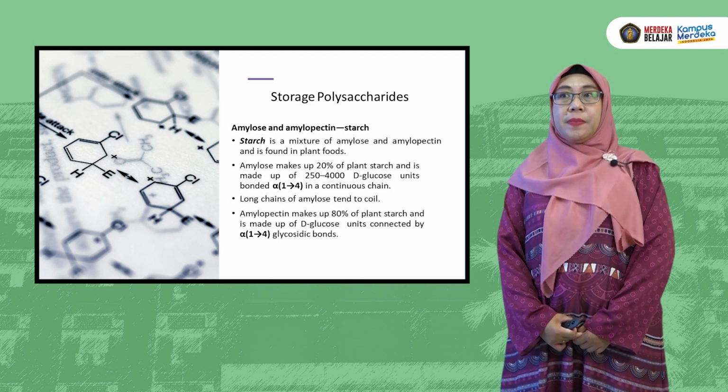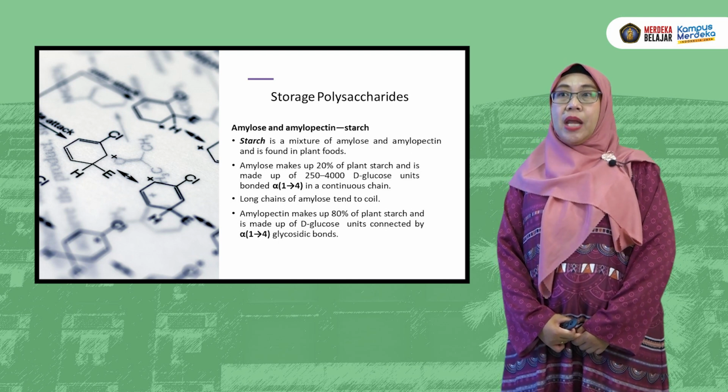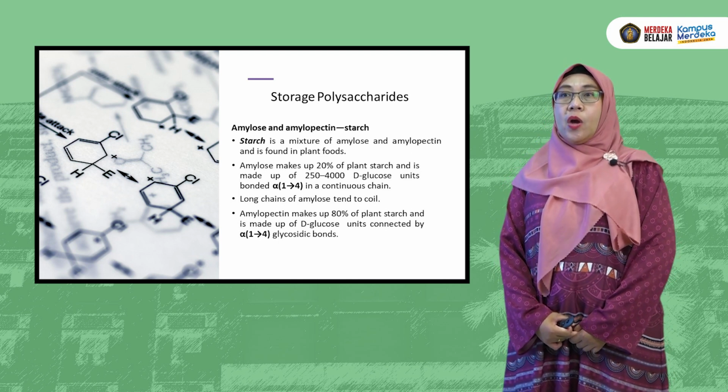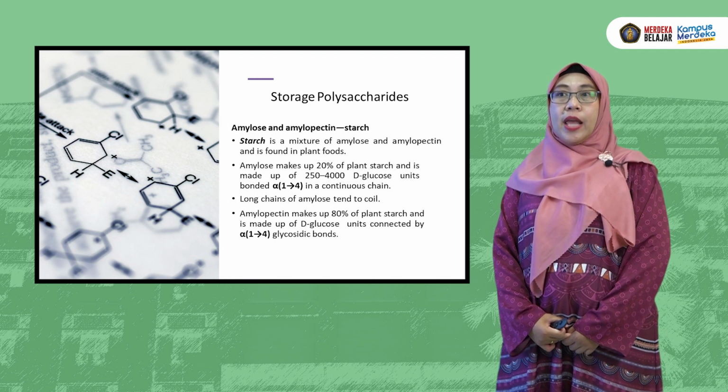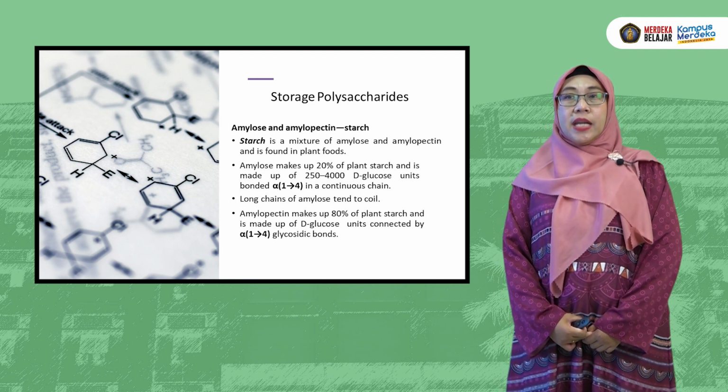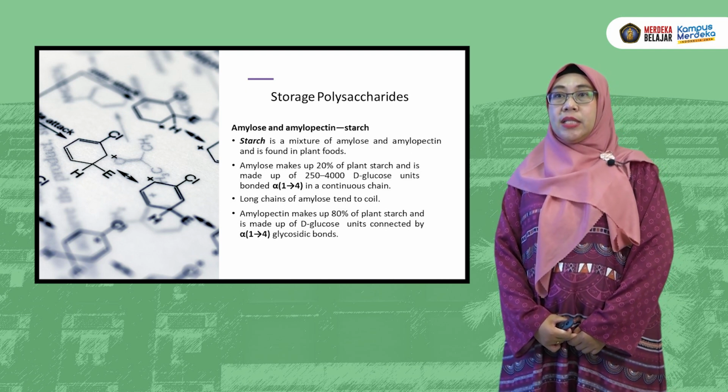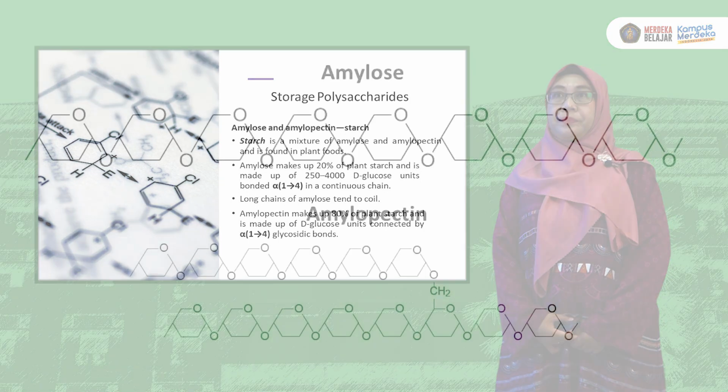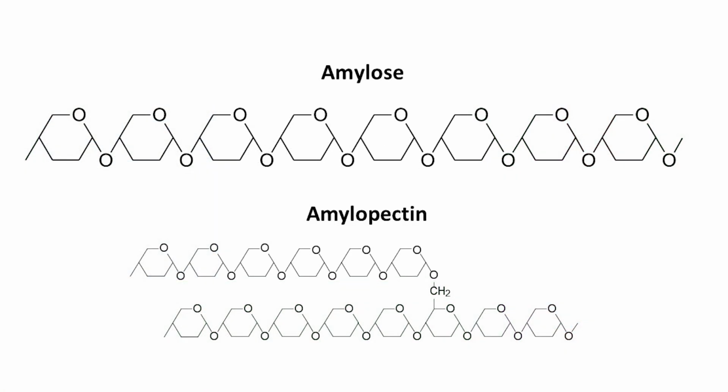Amylopectin makes up 80% of plant starch, and it's made up of D-glucose units connected by alpha-1,4 glycosidic bonds. The branches are connected through alpha-1,6 glycosidic bonds. This is the animation and comparison of the molecular structures of amylose and amylopectin. You can see that amylose has a straight chain, while amylopectin has a branched chain.